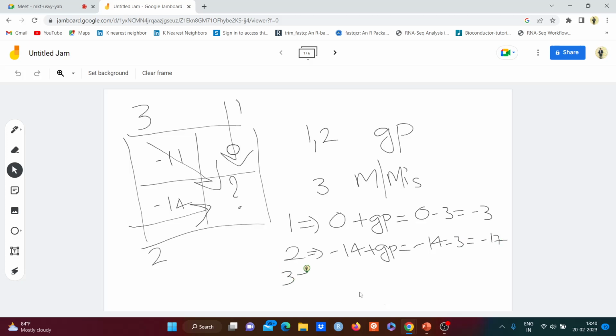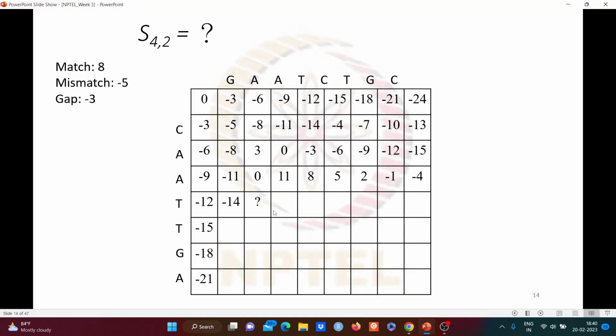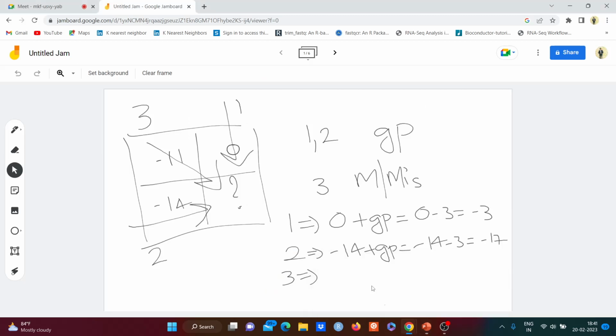Third case is the diagonal. Before that, we need to see whether it is a match or a mismatch. The corresponding top sequence element is A and the leftmost sequence element is T, so this is a mismatch. So we take the cell value plus the mismatch score, which is minus 11 plus minus 5, which equals minus 16.